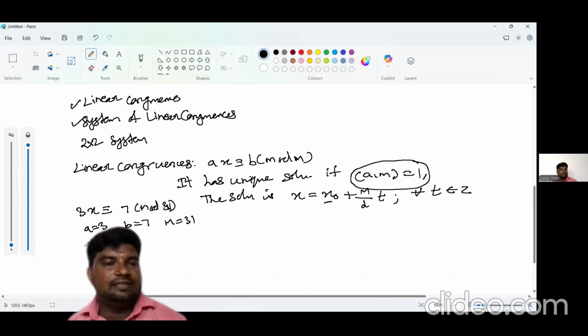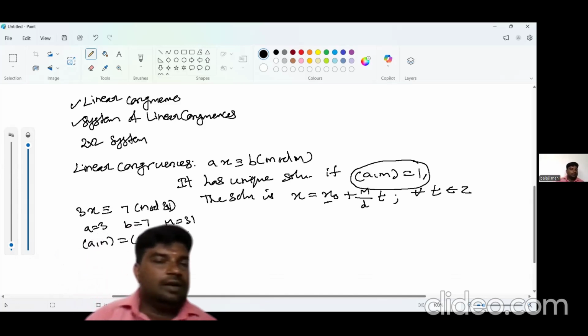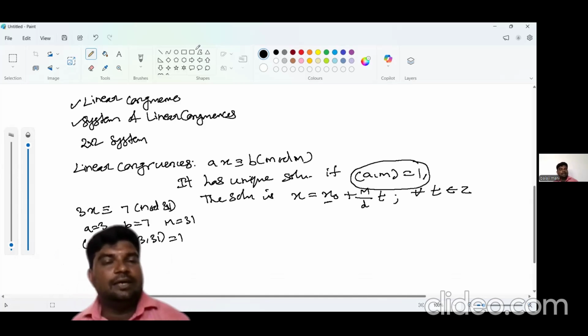Now check the condition, GCD of a comma m. GCD of 3 comma 31 is 1. Therefore, the given linear congruence has a unique solution. So first find the x naught value.